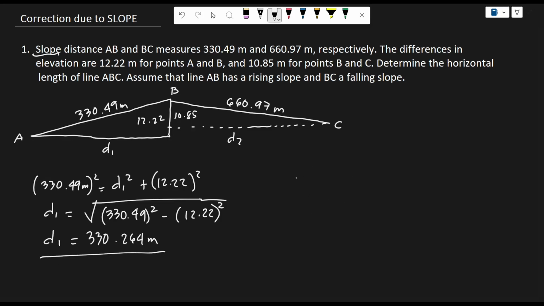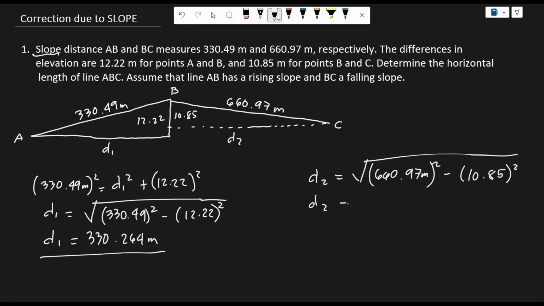Now let's try to find our D2. Using the same Pythagorean theorem manipulation, D2 is equal to the square root of 660.97 meters squared minus 10.85 meters squared.